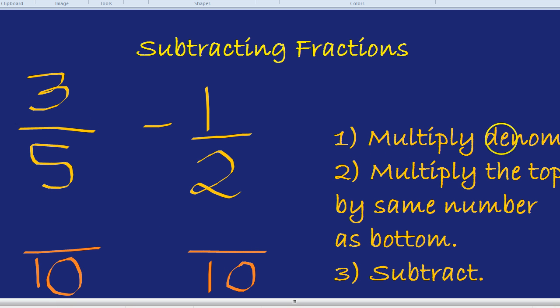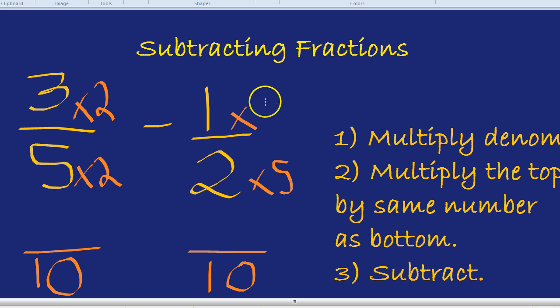So we've multiplied the denominators, now multiply the top by the same number as the bottom. We did 5 times 2 to get to 10, so we have to do 3 times 2. We did 2 times 5 to get to 10, so we do the top line times 5.